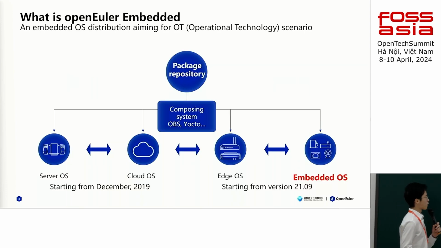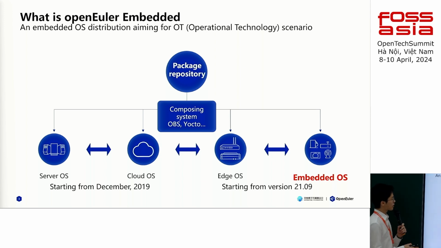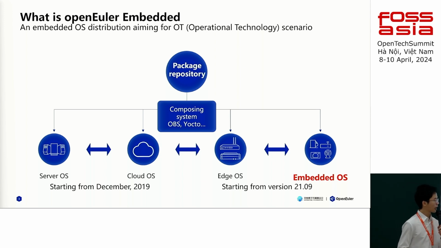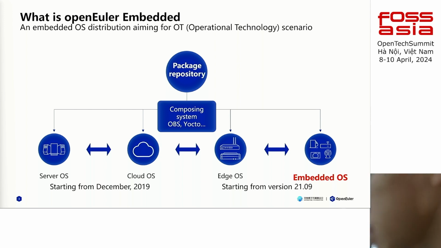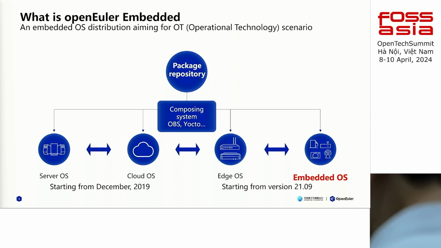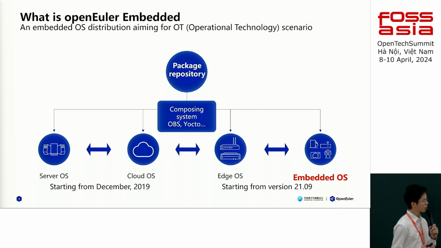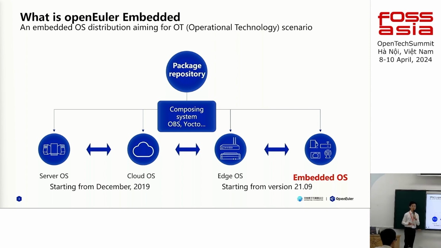Okay, so firstly, thanks to Dr. Sheng's presentation about openEuler, now we may have a better understanding of what openEuler is. As we know, openEuler covers four main scenarios, that is server, cloud, edge, and embedded. And openEuler Embedded focuses on providing competitive operating system technology for resource-limited hardware platforms.